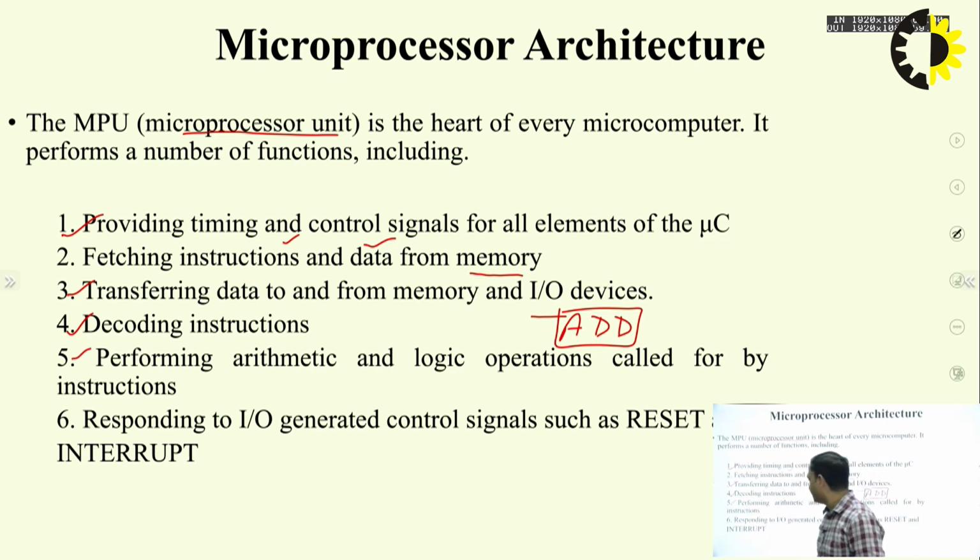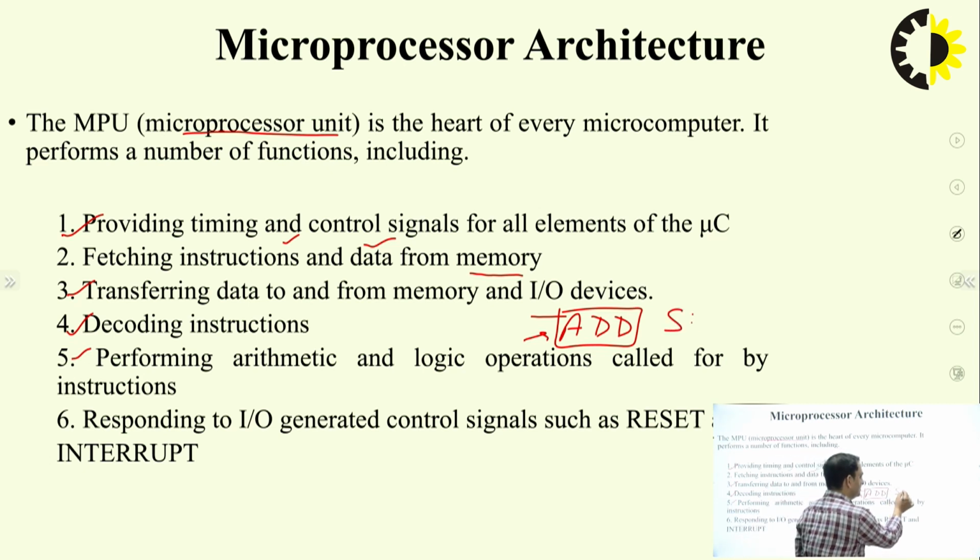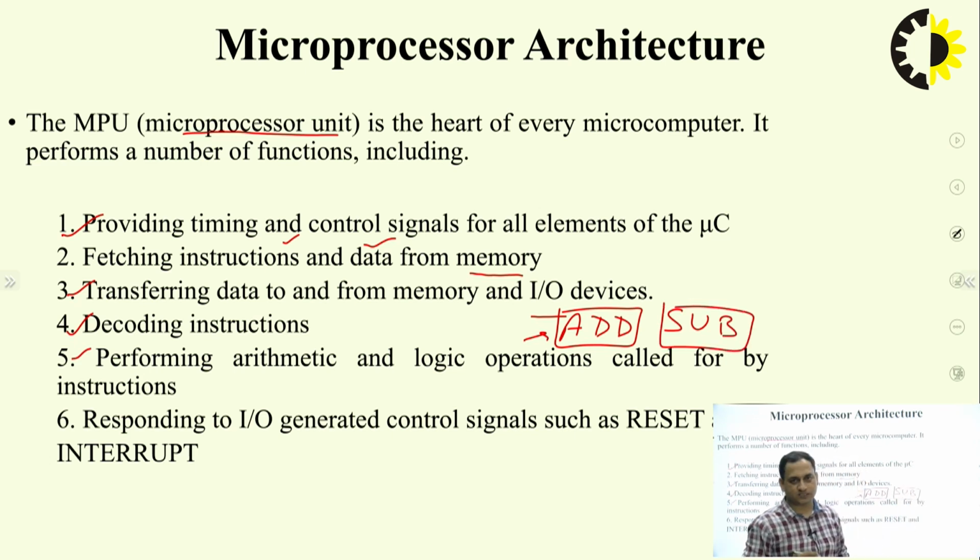Then perform arithmetic and logical operations, which are called by the instructions. Okay, based on the instruction, suppose we have the add instruction, then we will perform the addition of the two numbers. If we have the second instruction SUB, subtract, then we have to subtract. So before performing the operation, we have to understand the decoding part of it.